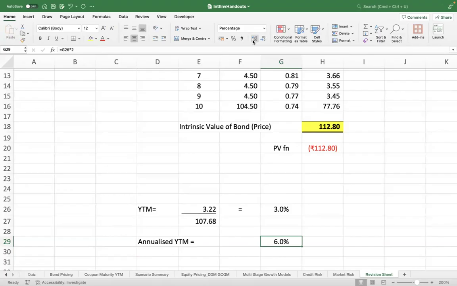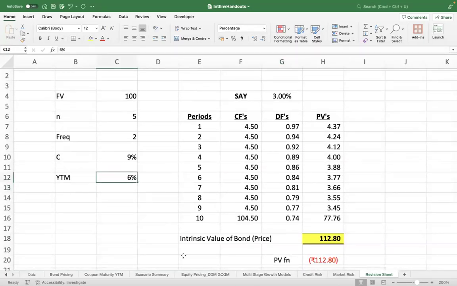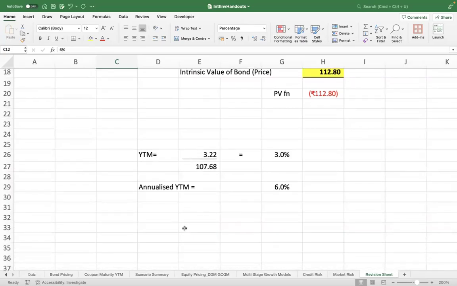So annualized yield is 3% into 2, which is 6%. So is it the same as what we had started with? If you look here, we had started with a 6% YTM, which means that the 6% YTM actually ties into the crux of the problem. So that 6% YTM and the $112.80 of price are related to each other.